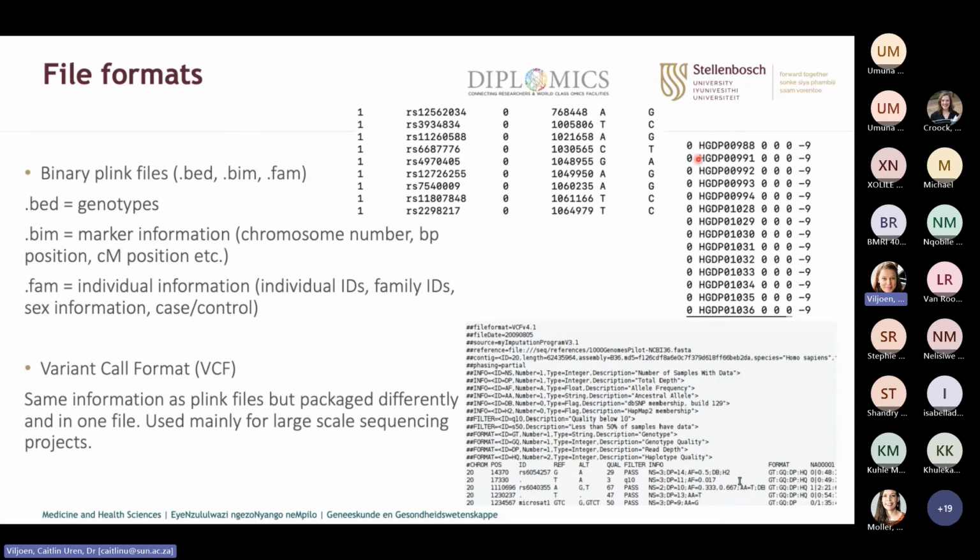So a bit about the FAM file. The first column is the family ID. You may have individuals that are in the same family, and you will then tell the software you are using to manipulate these files that these individuals are in the same family. Then you have your unique individual ID, and the rest of the four columns can hold information regarding the biological sex of the individual.